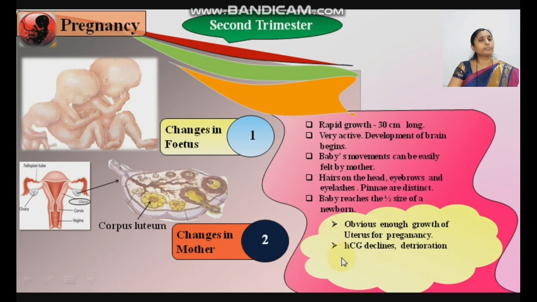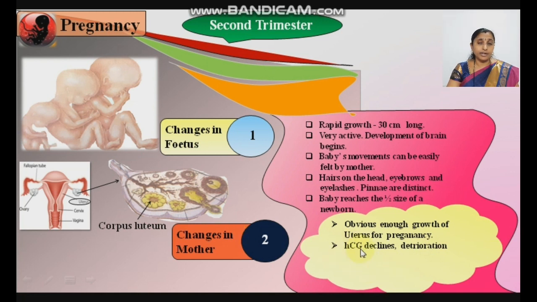I already told in the previous lecture the role of human chorionic gonadotrophic hormone. The presence of this hormone in the blood and urine of a woman indicates that she is pregnant. If this hormone is not found, then she is not pregnant. So it is most important.